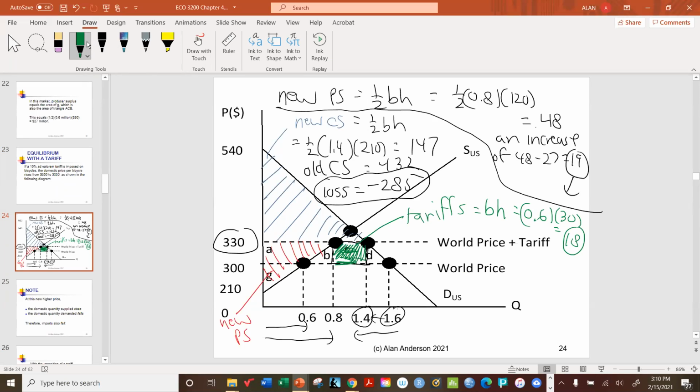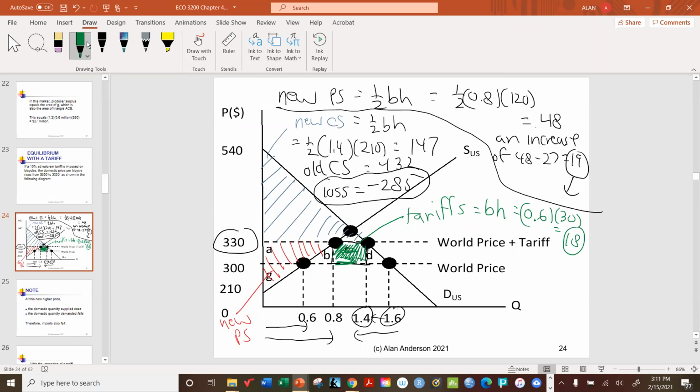Wow, look at that. So we gained $19 in producer surplus and $18 worth of revenues, but the consumer lost $285. So that means something happened.